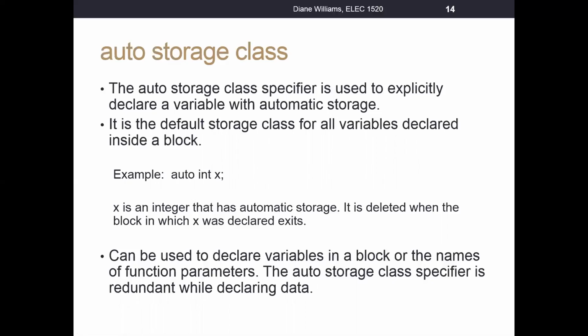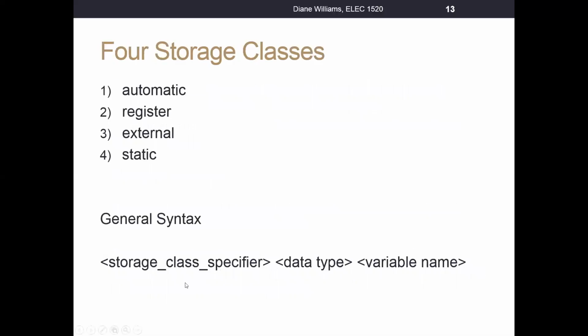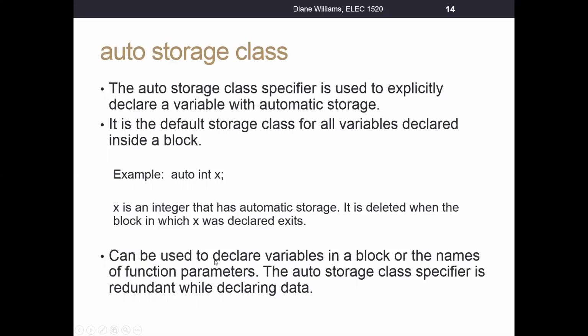So everything we've been doing so far in C has automatic storage. It's part of the auto storage class. We just don't have to use the keyword auto in front of it simply because it's the default. So if we want to declare a variable of type int, with variable name x, we could use this keyword auto in front of it as the storage class specifier. Remember the general syntax: storage class specifier, data type, variable name. But we don't do that because it's the default.